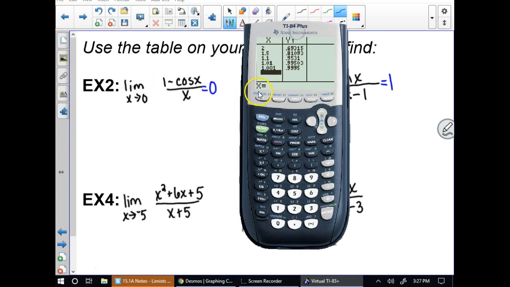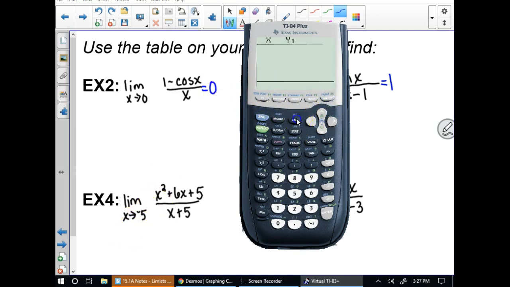Okay. On this next one, if we go to y equals, let's type this equation in, x squared plus 6x plus 5 divided by x plus 5. And I am going to be looking at this as x approaches -5.